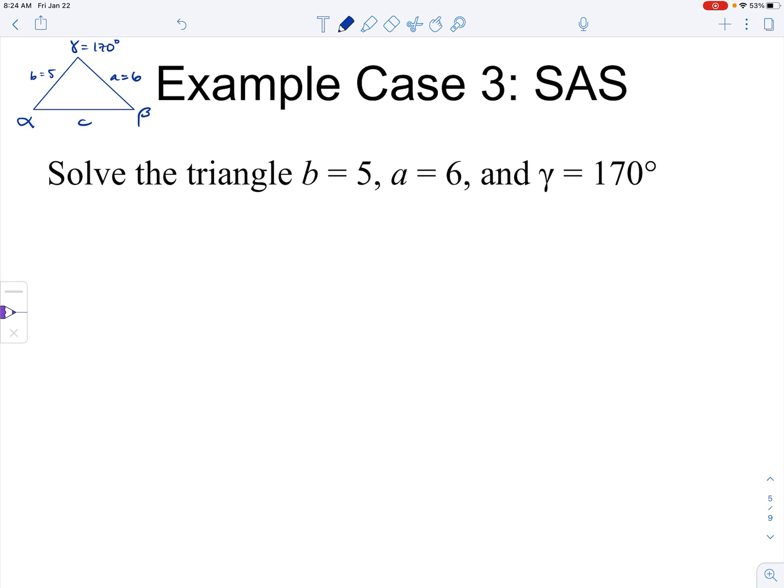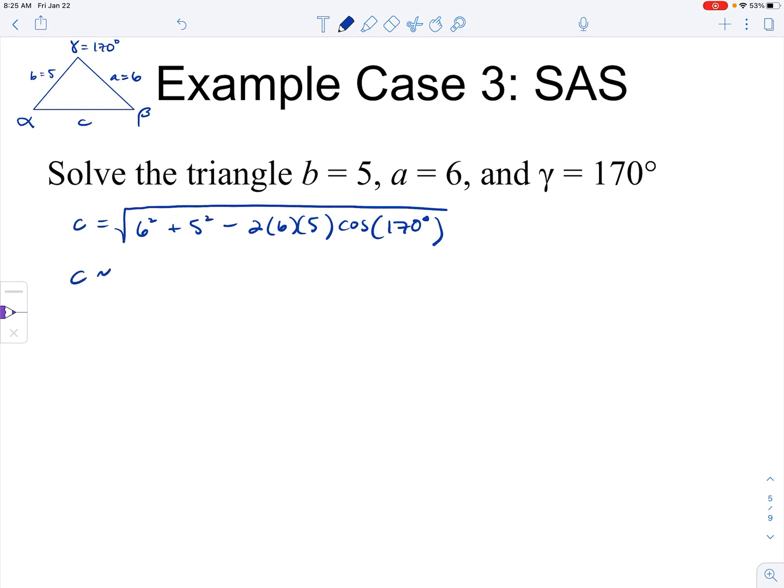Okay, so we have to solve for side C first. So again, instead of writing C squared on the left, I'm going to write C equals the square root of A squared plus B squared minus 2 times A times B times cosine of 170 degrees.